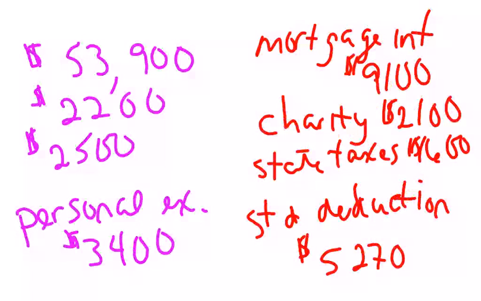We compare this standard deduction versus all of this, and whichever one is more money, then we take that one. So $5,270 is his standard deduction, but he has $9,100 plus $2,100 plus $1,600. That is going to be more.